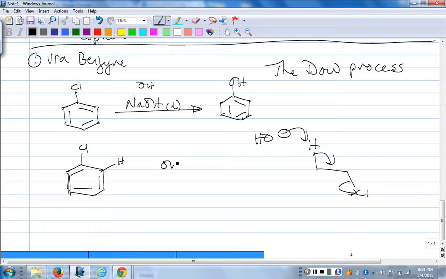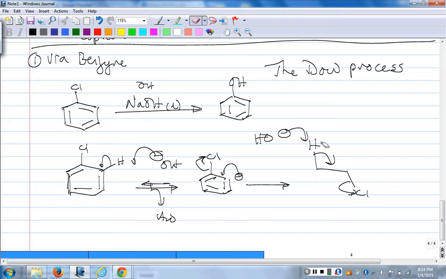So the idea was that maybe the hydroxide is going to attack. When it does, if I deprotonate, that will generate water, and it will generate a carbanion, an aryl anion. That can then kick out chloride and generate this species.